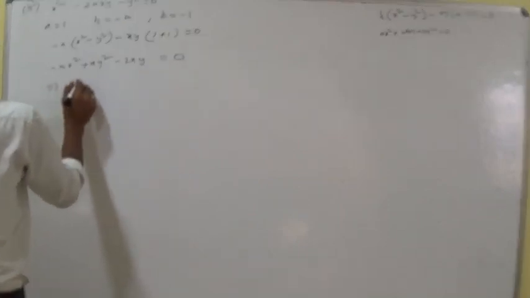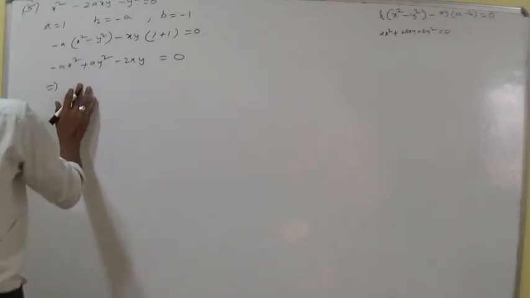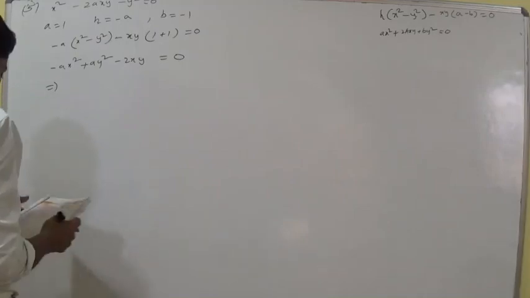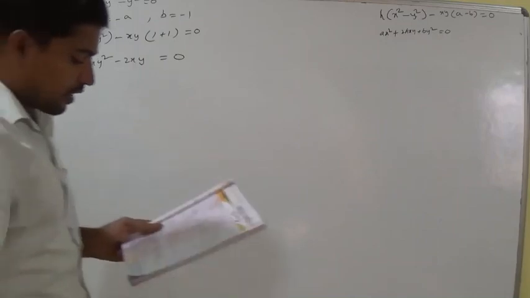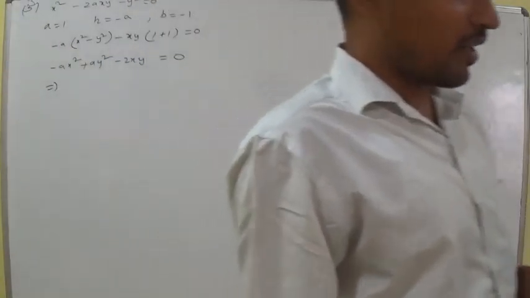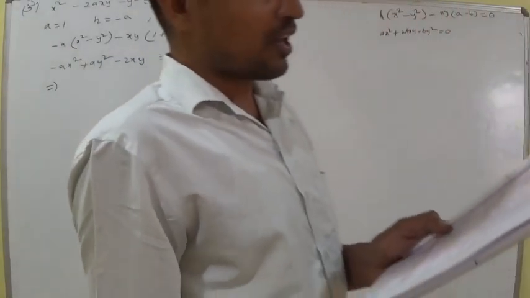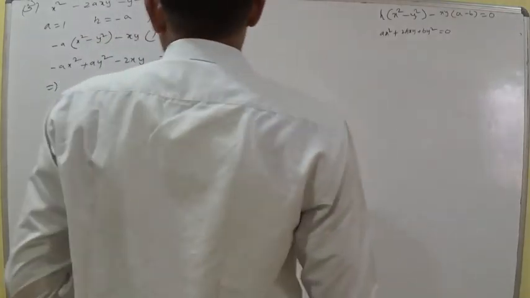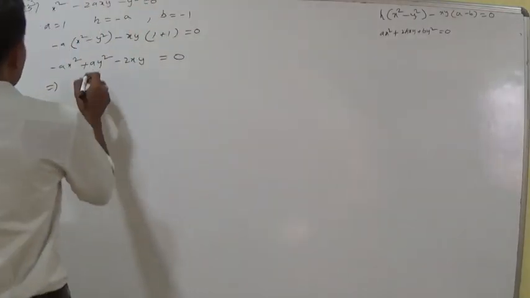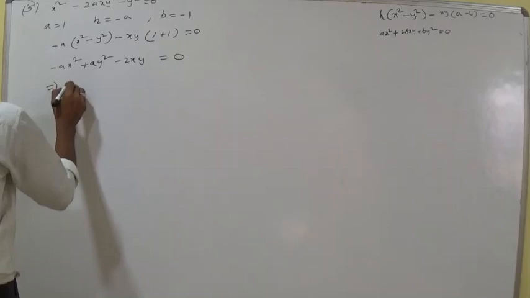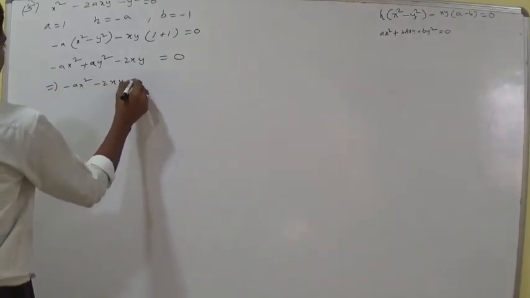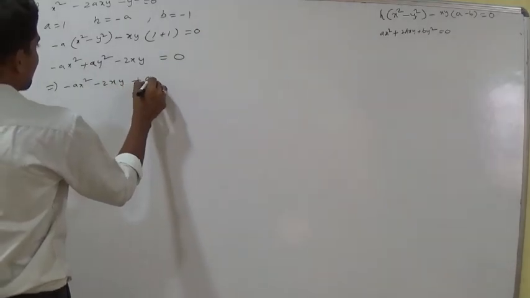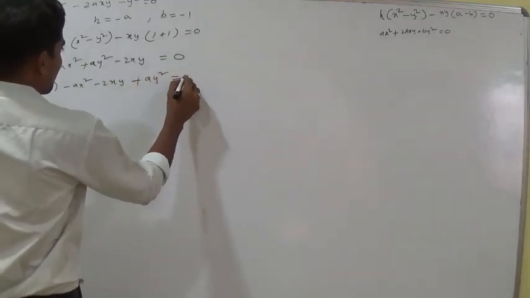That implies, okay, leave it like that. But according to the problem, what he has given is x square minus 2bxy minus y square is equal to 0. Let us arrange them in order: minus ax square minus 2xy plus ay square equal to 0.